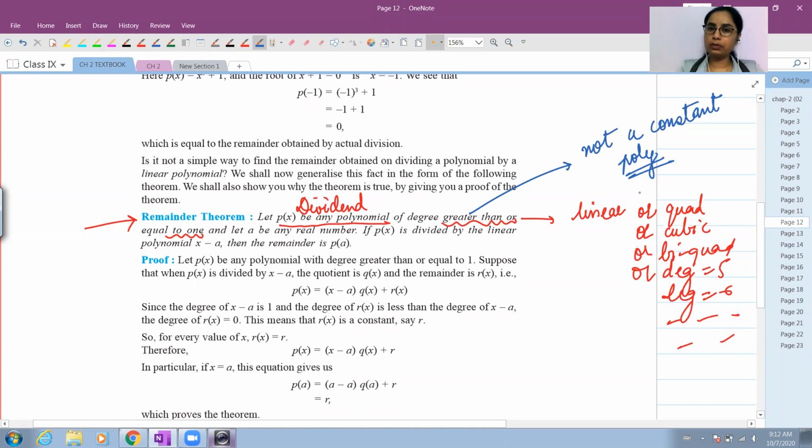Not a constant polynomial. Degree greater than or equal to 1 means that the dividend is not a constant polynomial. And we are dividing this polynomial by a linear polynomial. This is very important.